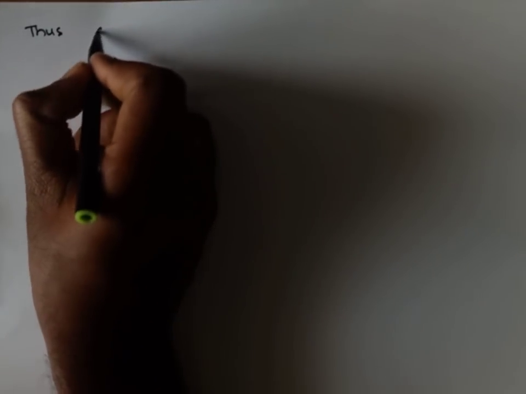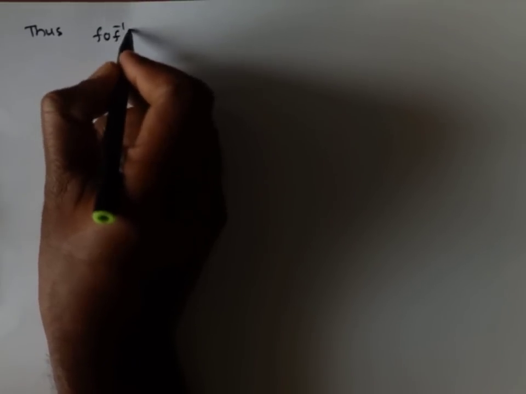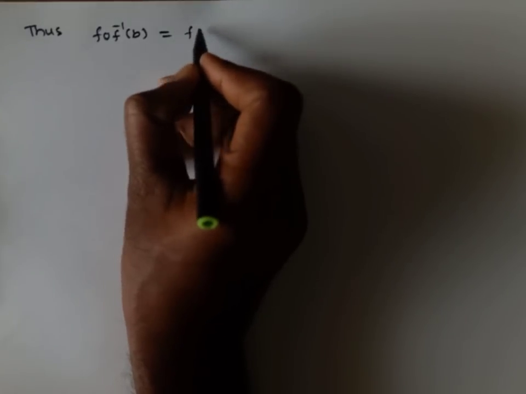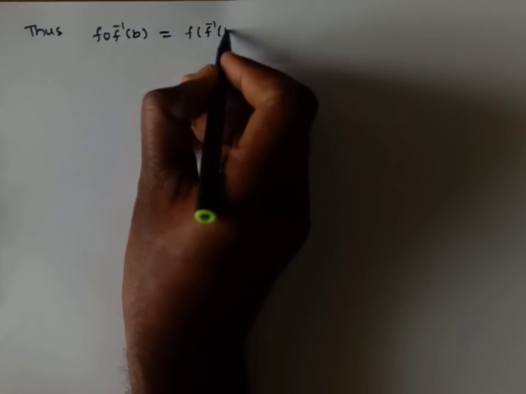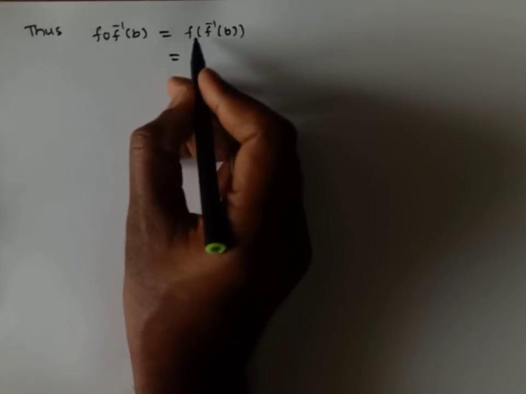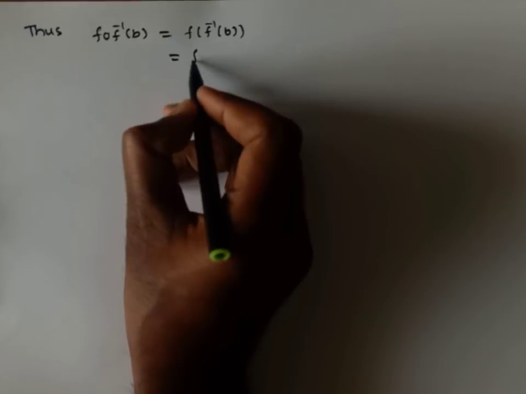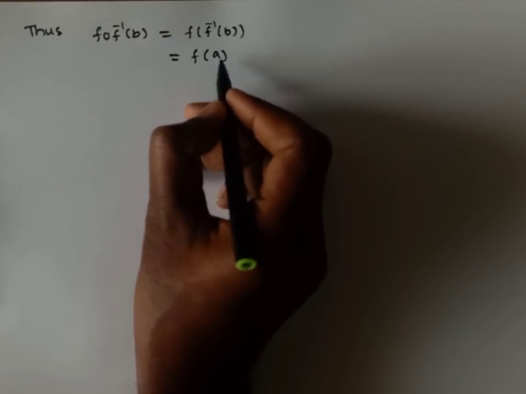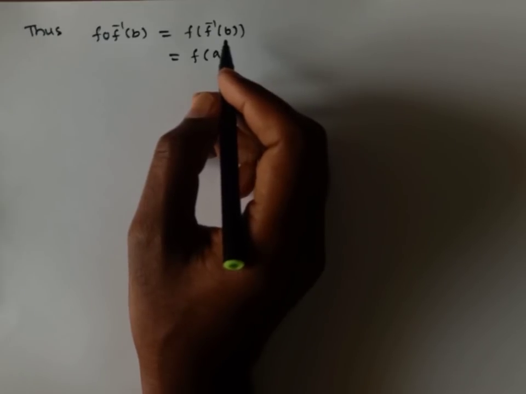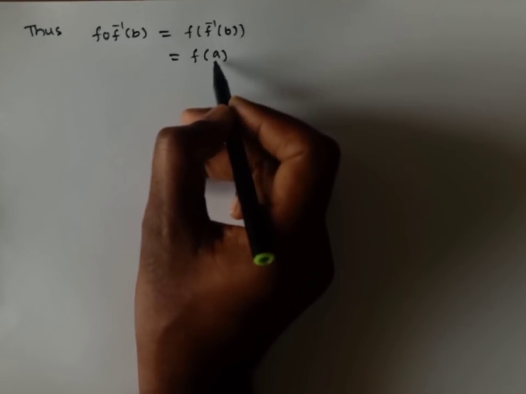Thus f compose f inverse of b is equal to f of f inverse of b, right? Here f inverse of b is nothing but a, from the previous equation f of a equal to b. So f inverse of b is a.